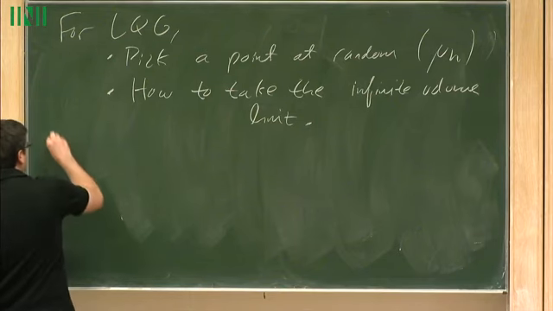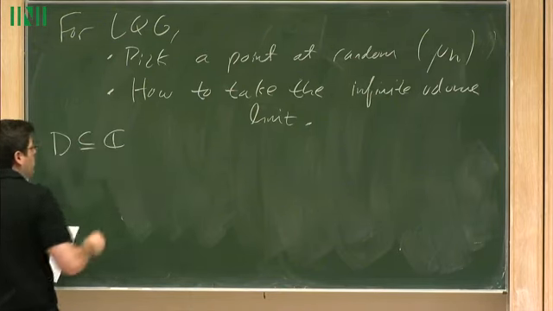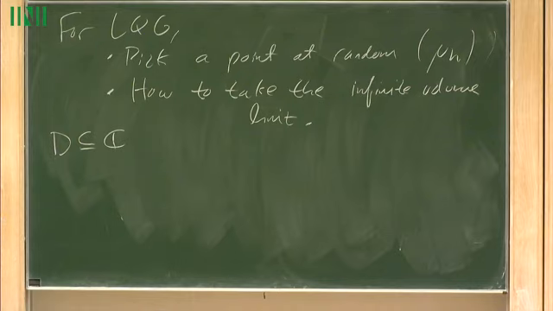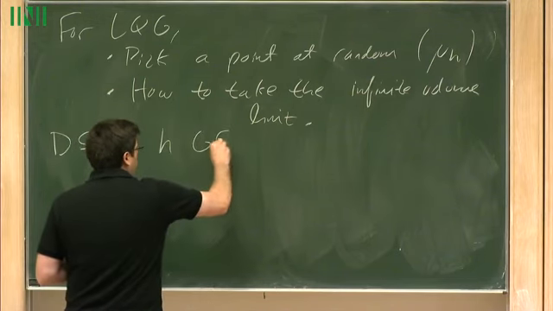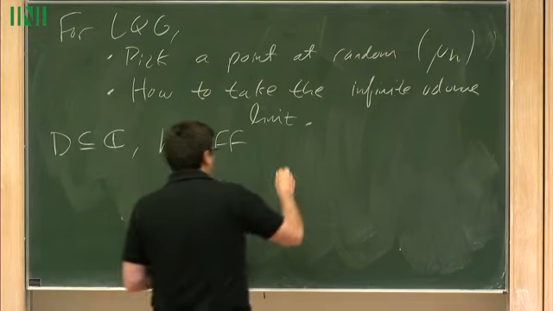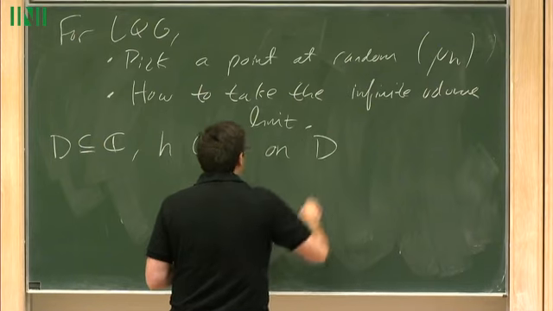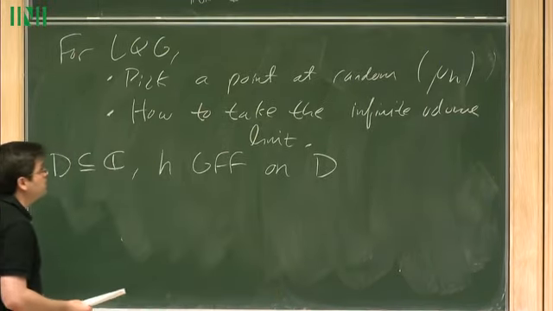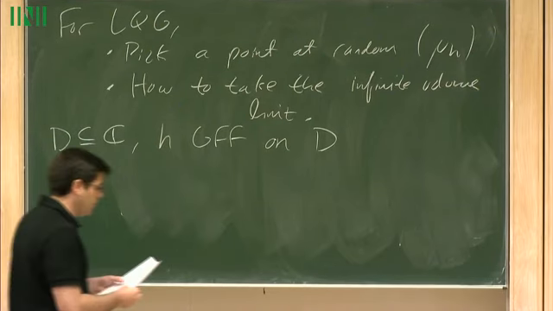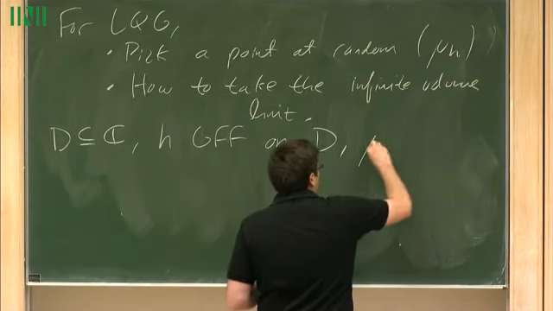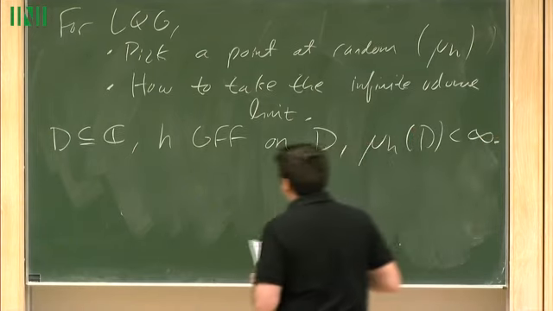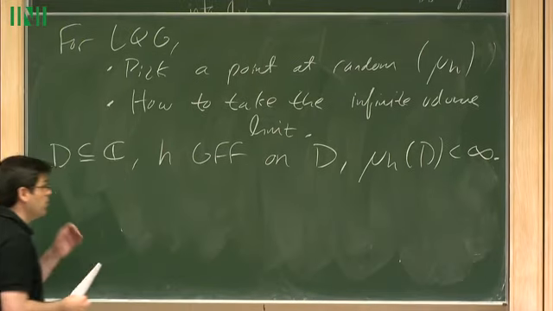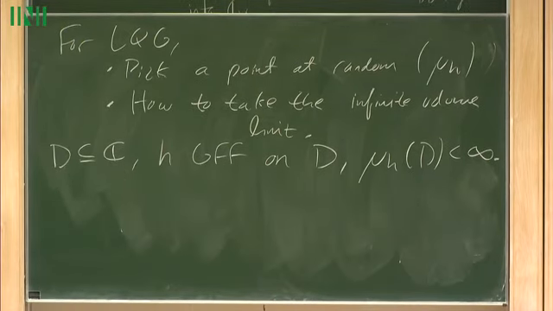So let's suppose we have a domain in the complex plane. It's not going to matter which one, and we have any Gaussian free field-like distribution, like perhaps just the Gaussian free field, on our domain. And for simplicity, it's a little bit nicer if we assume that the Liouville quantum gravity measure of our domain is finite.